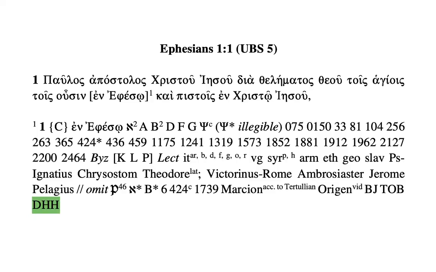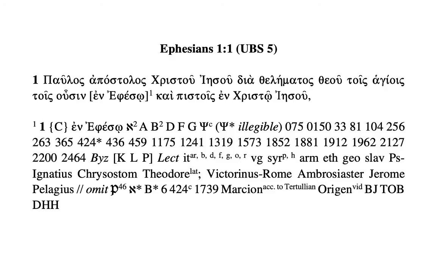The UBS apparatus lists those when they disagree or when they depart from the chosen reading up here. So there are other translations that could have been included, but you can assume that they agree with the committee's decision unless they're being listed. So in this case, those 3 translations disagree with the reading that's been chosen by the committee.